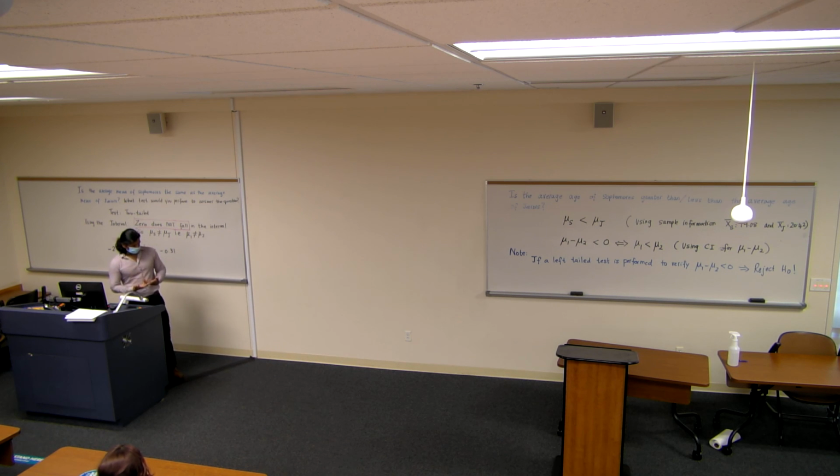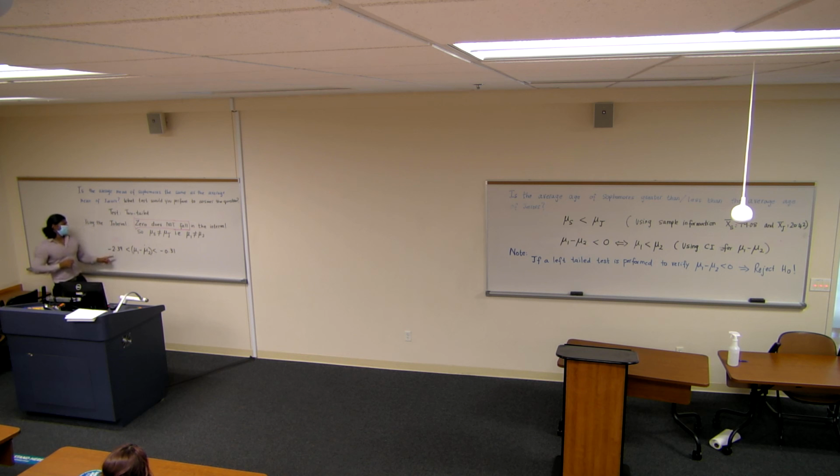Oftentimes in practice, when you perform a test, you would automatically get an interval also. So if someone asked you, well, how many years do you think the difference is approximately? You could say a maximum of 2.39, right? In other words, mu s minus mu j is less than 2.39.